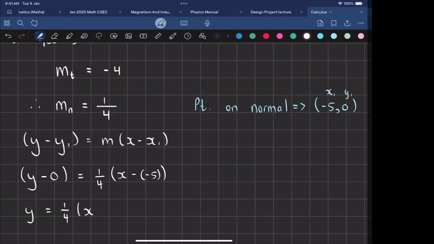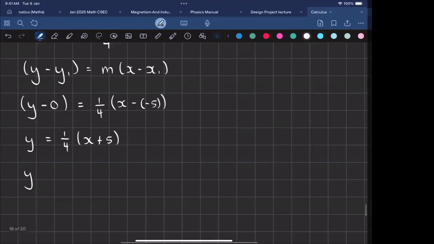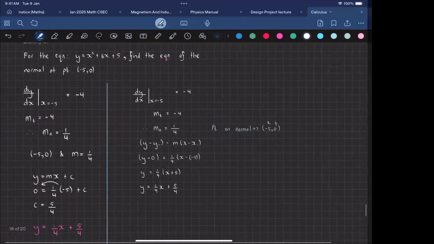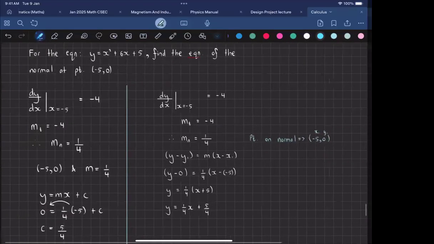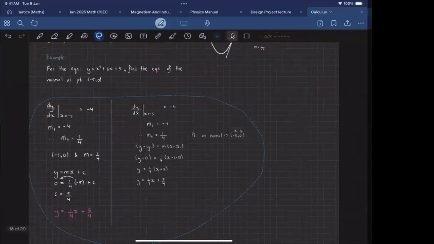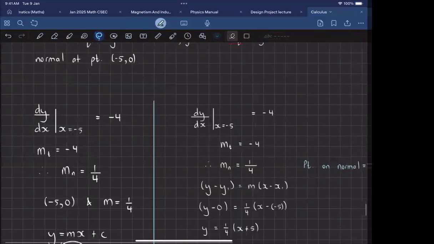So we have x and we have minus minus 5, which is +5. So if you were to expand, you would get a quarter x plus 5/4. Yeah, so this method is not even that hard as well. So both methods are easy.